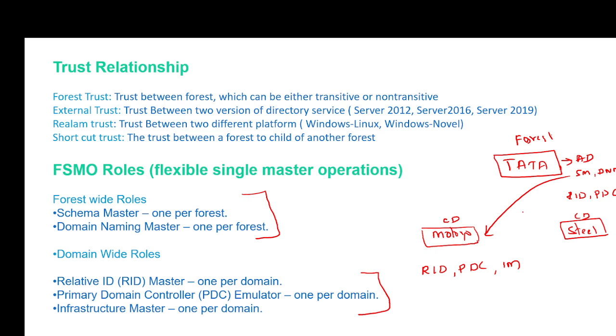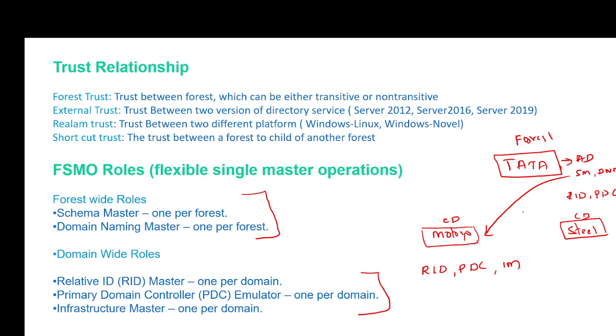This schema master is there, no? I already told you, schema master is one of the important roles where you can store your classes and attributes. Domain naming master, that is also one per forest. In the entire Tata there will be one DNM, and one schema master. The schema master helps to store the classes and attributes. Domain naming master, I told you about DNS, right?